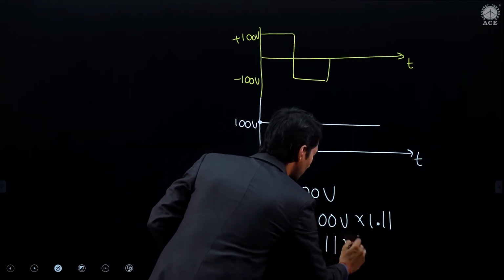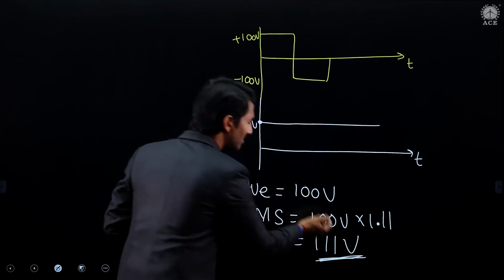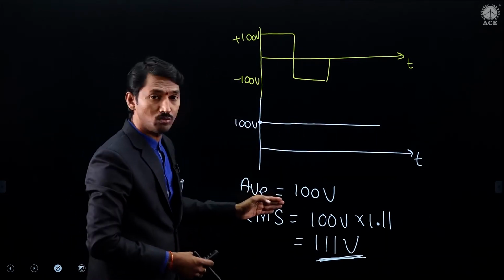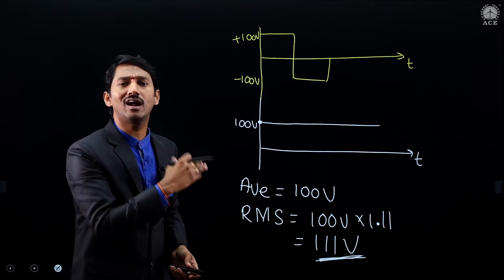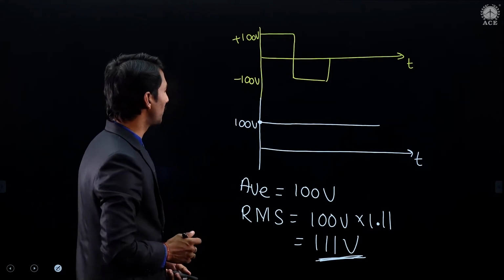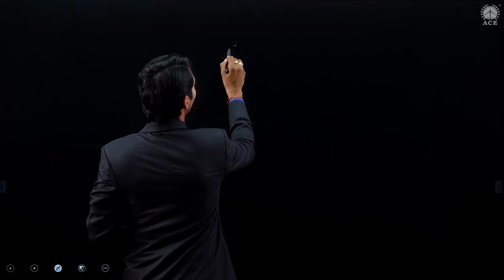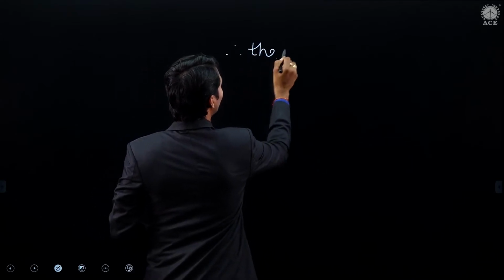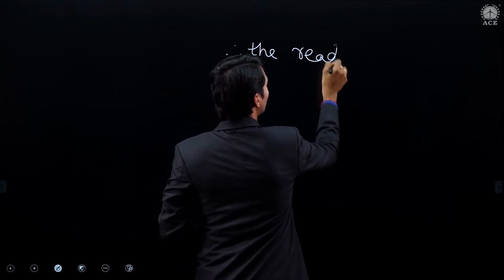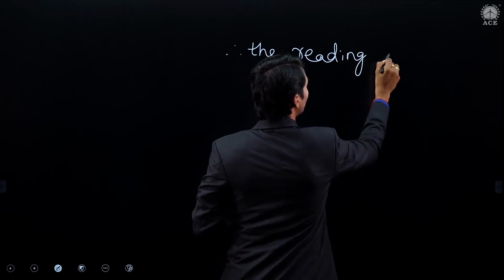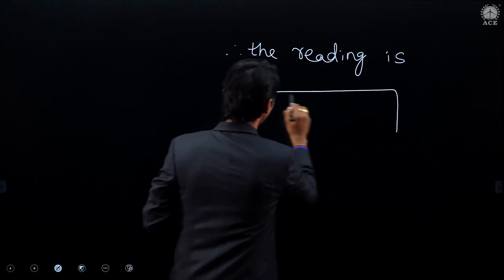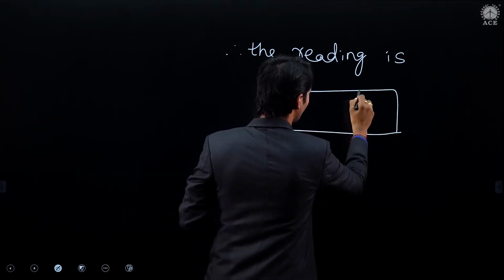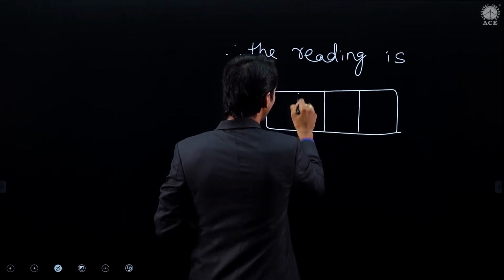111 volt. Right, sir, how will this 111 volt be displayed on the corresponding device? Means a 3.5 device. So here the reading is on this device, the 3.5 device.